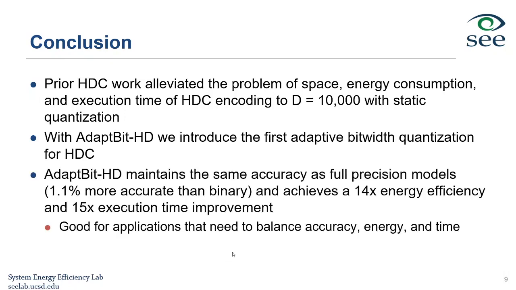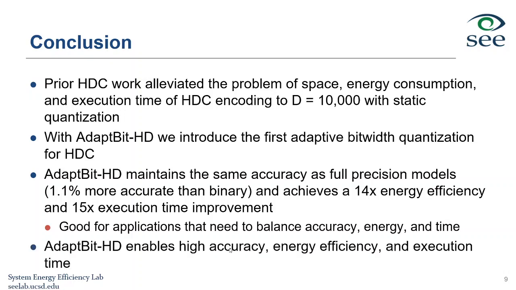AdaptBit HD maintains the same accuracy as full precision models, which is 1.1% more accurate than binary, and achieves 14x energy efficiency and 15x execution time improvement over full precision models, which is comparable to the improvements we see with binary. And this is good for applications that need to balance accuracy, energy, and time. So AdaptBit HD enables high accuracy, energy efficiency, and execution time all at the same time.